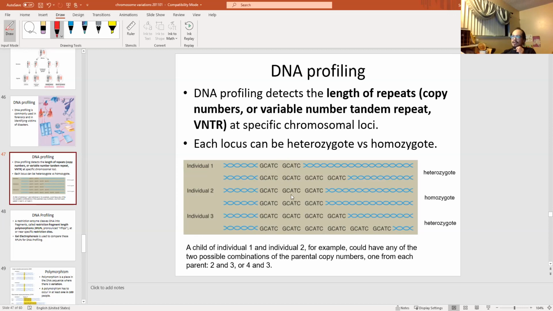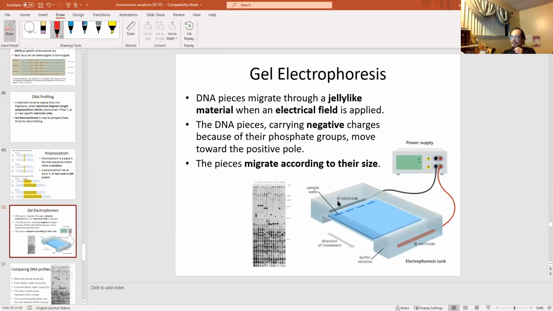And then we put this fragment in a gel. And we put two electrodes here, a positive one on one side, negative on the other side, because these fragments are negatively charged. So they will get attracted to the positive side. So the smaller one will go fast. The heavier one will go slow.